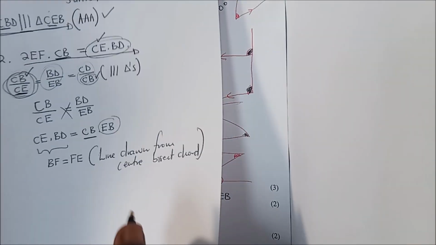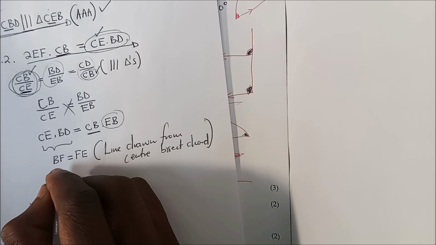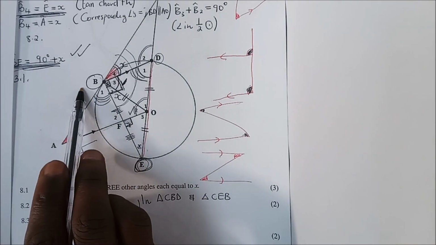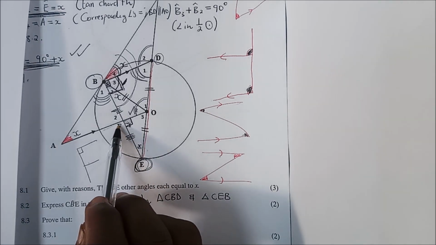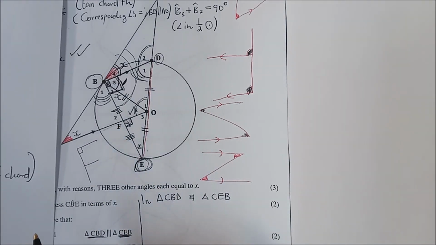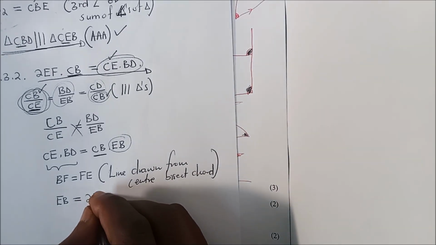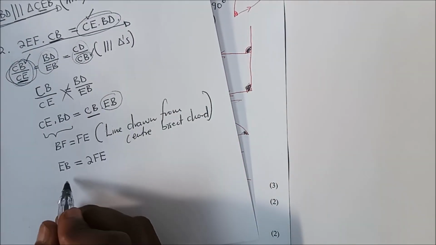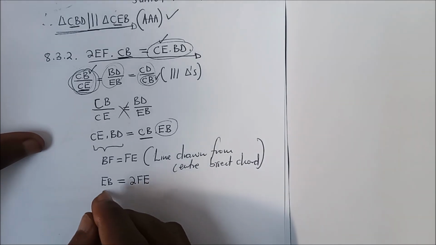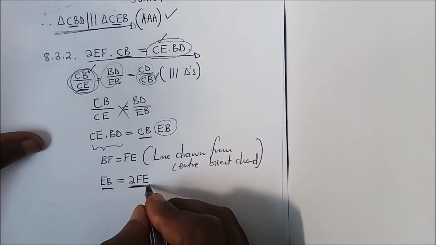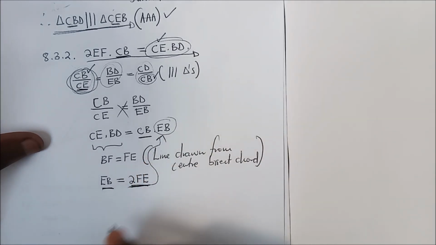So if this piece BF is equal to FE, what does that mean about EB? So EB is equal to twice FE. I don't know if you can see that. So EB is equal to twice FE. So now since we know the value of EB, we can take the value and put it there.